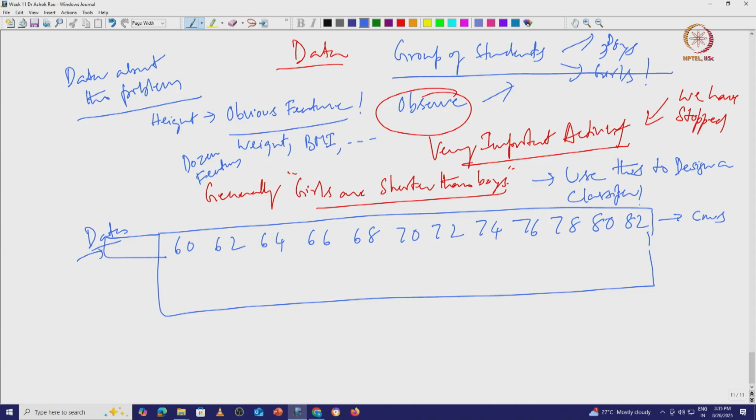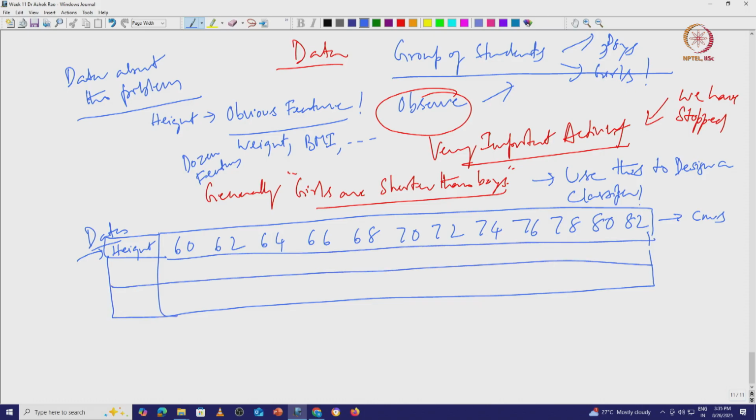So, this is a feature, height. Now, I want data: how many boys, how many girls at each height.